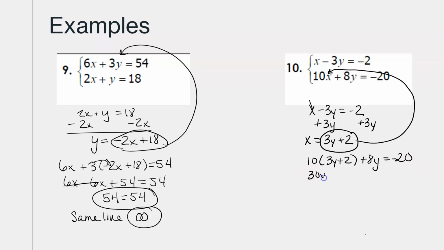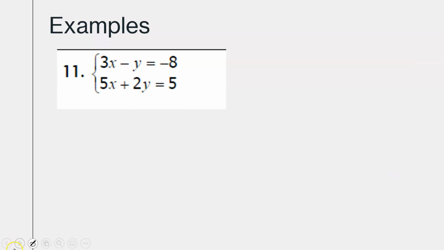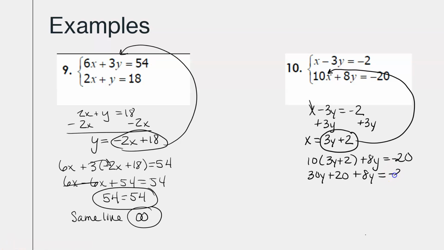So I have 30y plus 20 plus 8y equals negative 20. So I'm going to combine these. So I have 38y plus 20 equals negative 20.